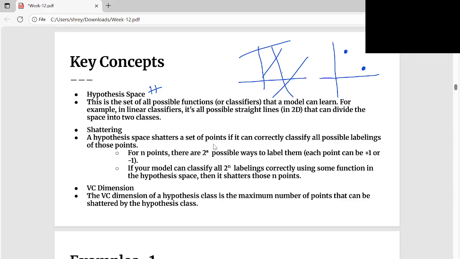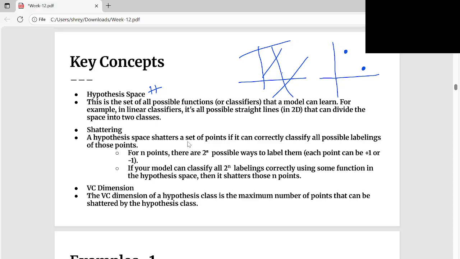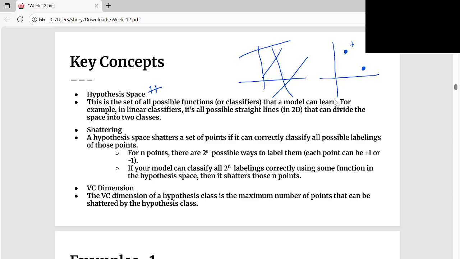If a line, because I am in 2D, can shatter, meaning correctly classify, all possible labelings of those points. For these 2 points there are 4 possibilities for binary labels: both can be plus, both can be minus, one can be plus and the other minus, and vice versa, minus plus. These are the 4 possibilities.